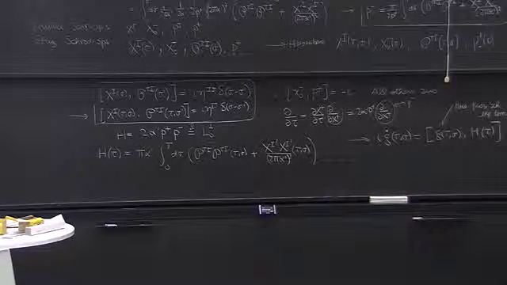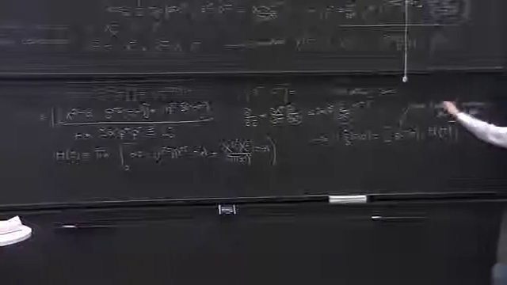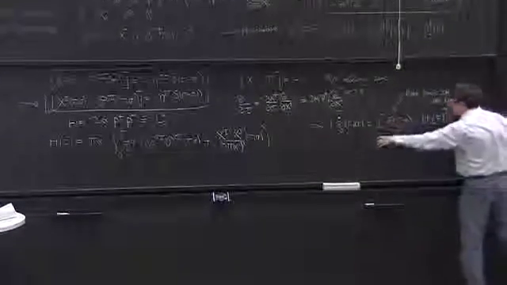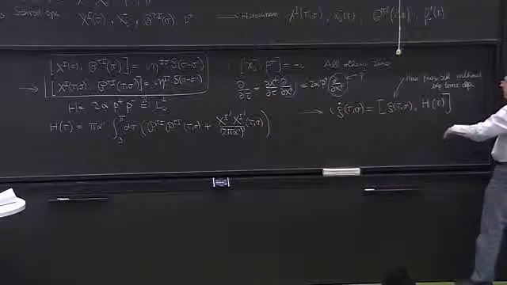This is the Heisenberg equation of motion for Heisenberg operators that come from Schrödinger operators that have no explicit time dependence.